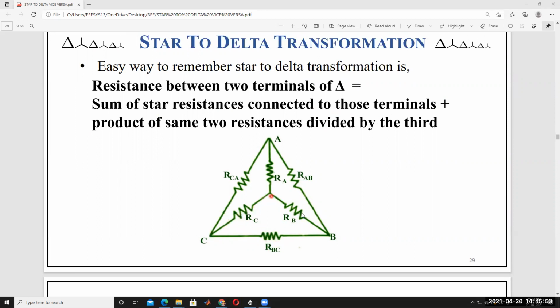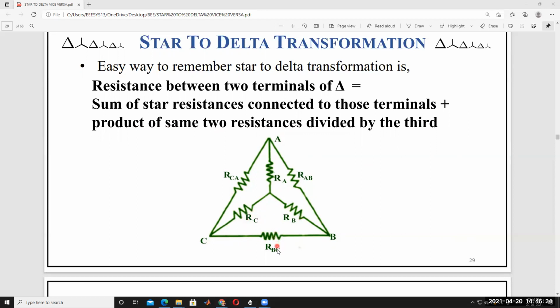So it is the sum of these two resistors connected to terminals B and C, plus the product of the same two resistors divided by the third. So if you want to find RBC, it is the sum of the star resistors connected to those terminals, RB and RC.